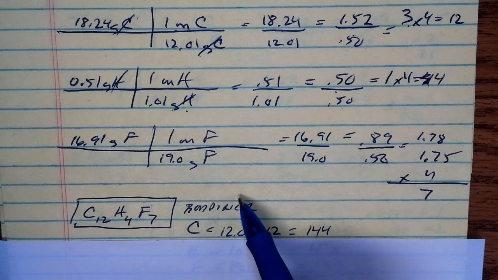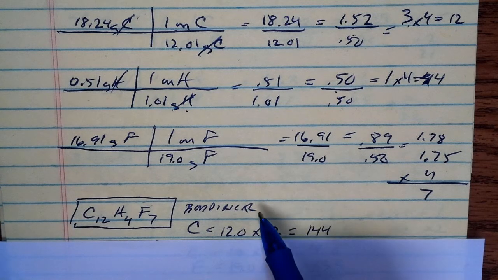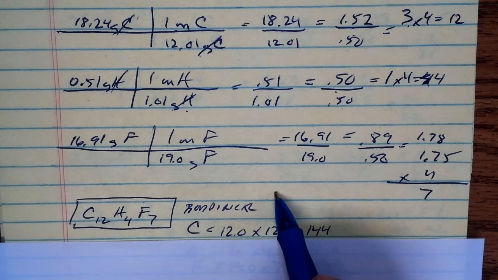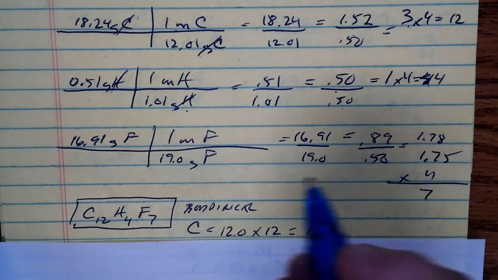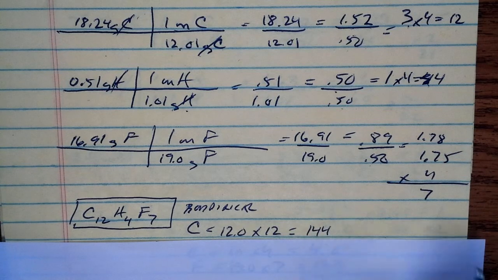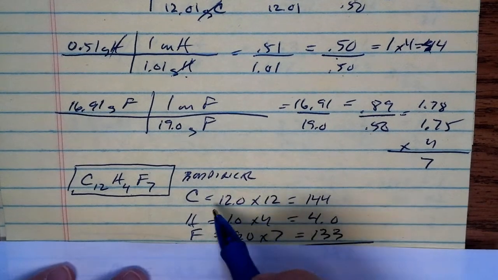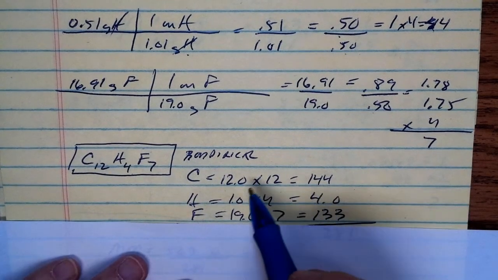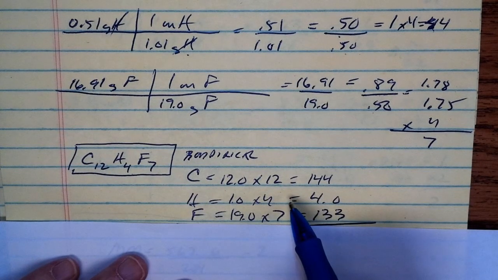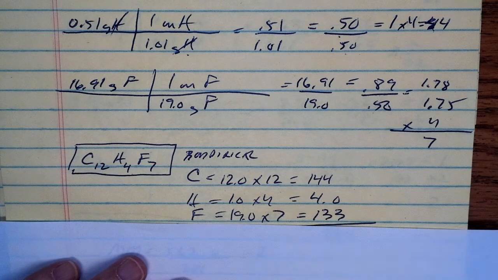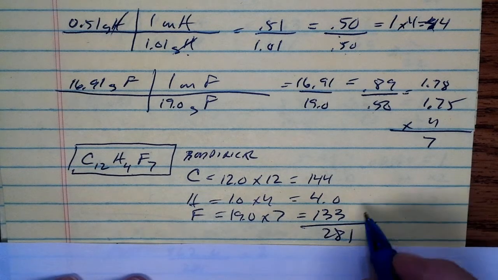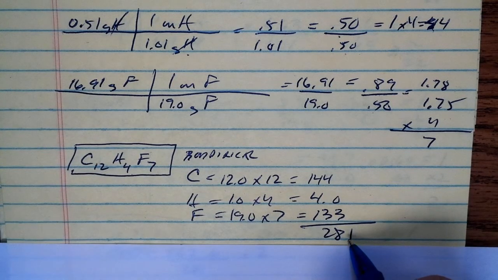Now next it gives you a molecular formula, and the molar mass of this one is 562.0. So what we have to do is find the molar mass of this compound. You get it from the periodic table, and you add it up, and you get 281.